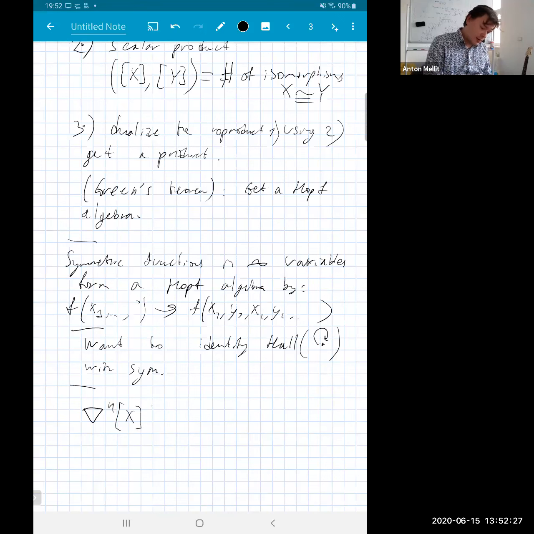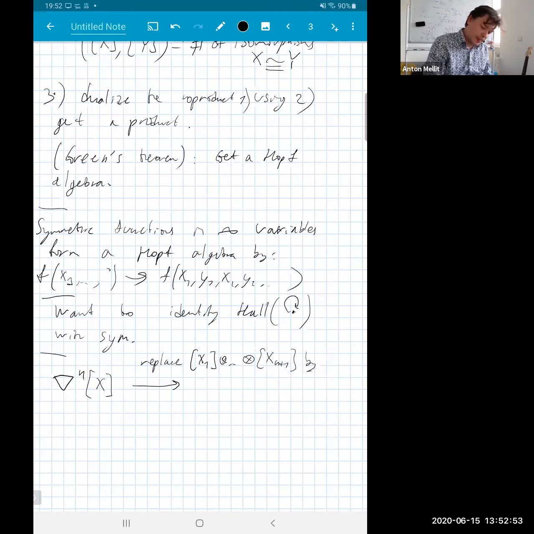And then you replace x1, ..., xn plus 1 by little x1 to the dimension of x1, ..., x n plus 1 to the dimension of this object. Okay.